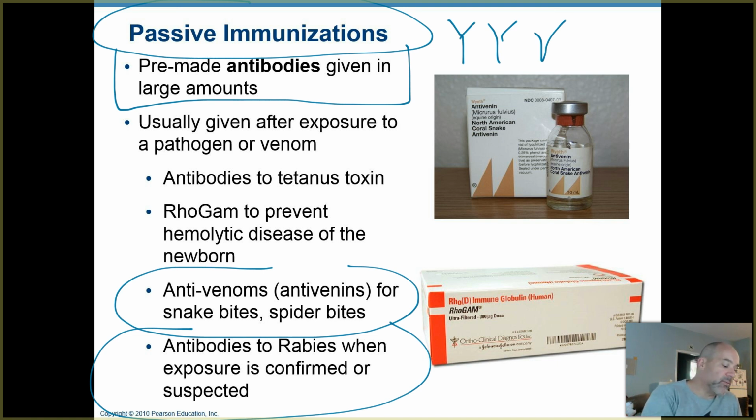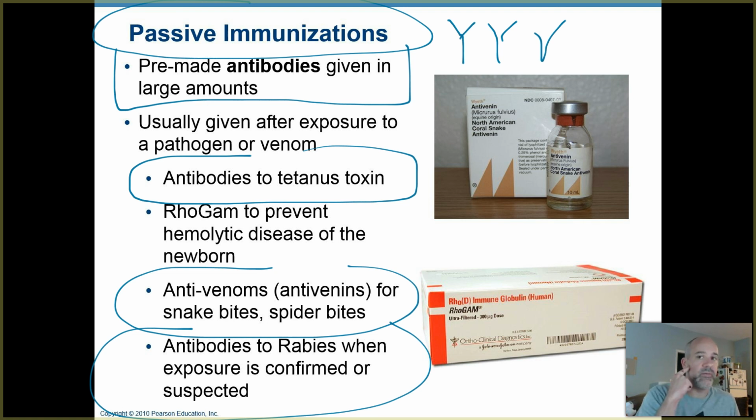Okay, there is a different version. Now we just talked about the tetanus toxoid vaccine. That's preventing you from getting tetanus, but let's say you already have signs of tetanus. Usually they occur in the facial muscles first, and sometimes it's called lockjaw because your jaw muscles are frozen into a contracted state. So at that point, you're not going to get a tetanus toxoid injection, because that would stimulate your own immune system to make its own antibodies, and you don't have time.